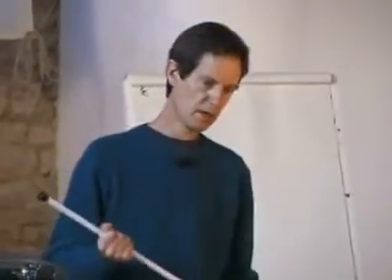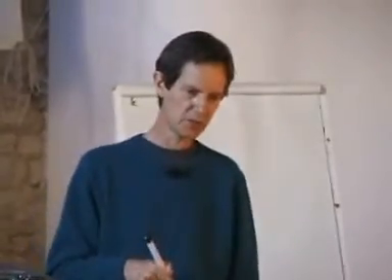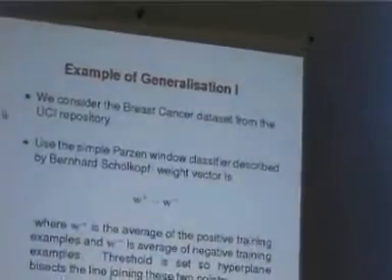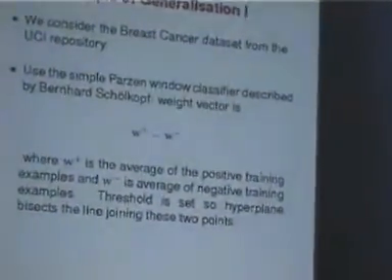So I'm now going to give you an example, which is real-world data, the breast cancer data set from the UCI repository. I'm going to do a very simple Parzen window classifier as described by Bernhard Schölkopf at the beginning of his lecture. It's a thresholded linear function classifier.